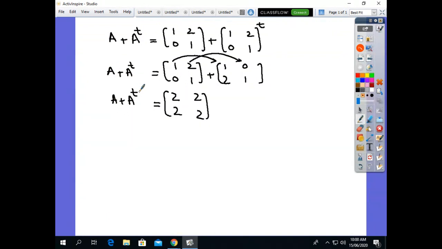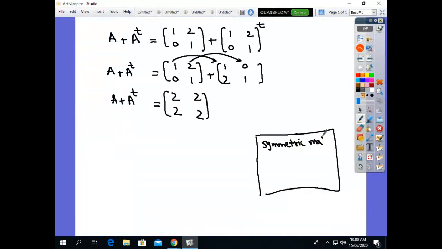Now here we show that A plus A transpose is symmetric. By the definition, a symmetric matrix is one where A transpose is equal to A, which means that the transpose of a matrix is equal to the matrix itself. Now we are taking transpose on both sides.